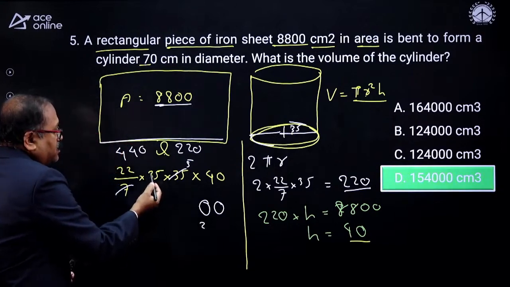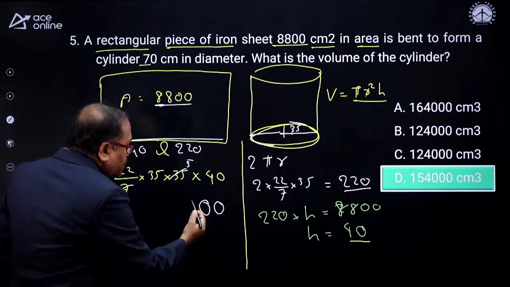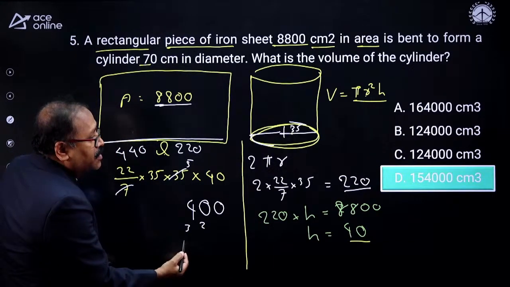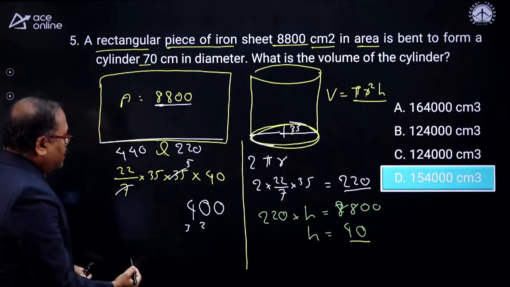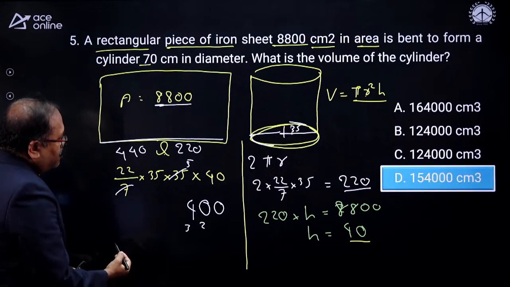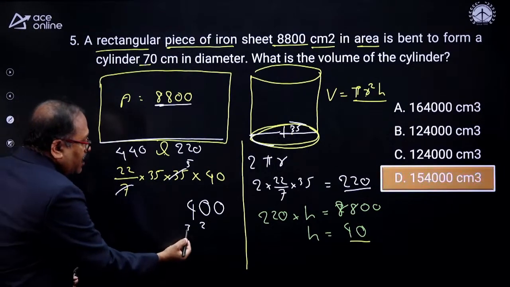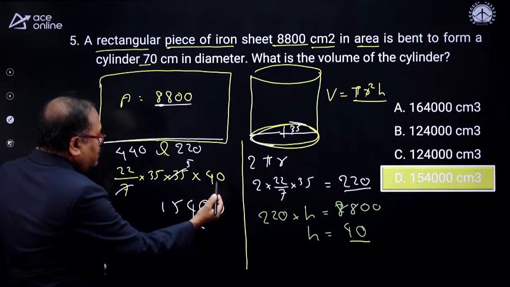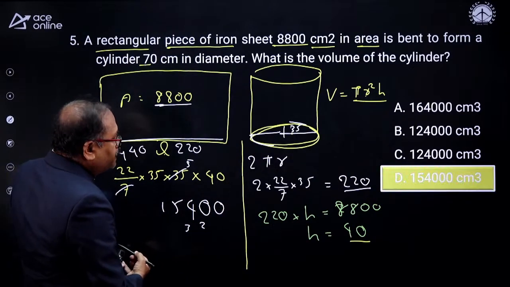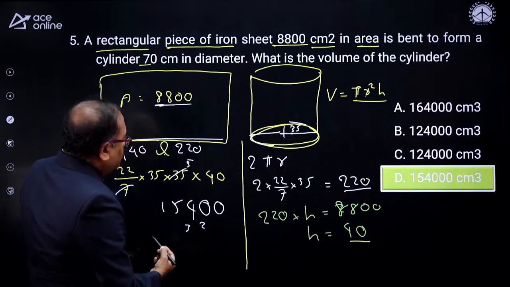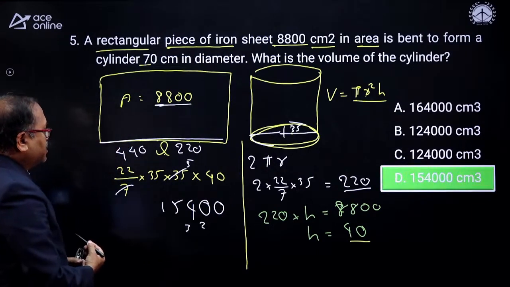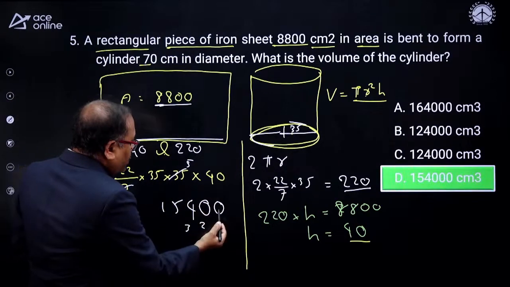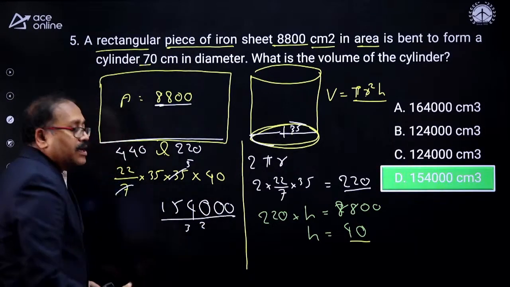And this is 8, 4 is 32, 34 carry 3. And then 4, 5, 20 plus 3. Did I make any mistake over here? 4, 3, 12. 12 plus 3, it is 15. So one more 0 is left over here? Yes, one more 0 I think. So that should be the answer.